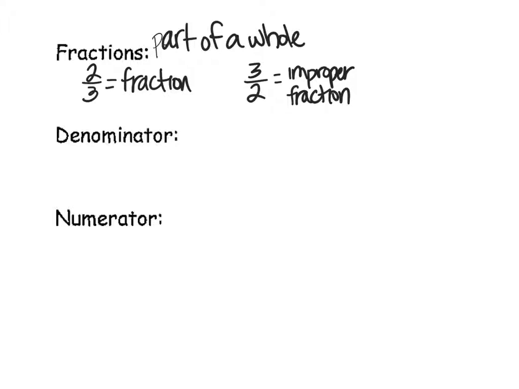Okay, vocab word denominator. What do you guys think? Tell me, someone. The bottom number. So it's the bottom number. Denominator. Today our denominators are going to be the same. So that will be really helpful and make it easier for us. And then the numerator means the top number.